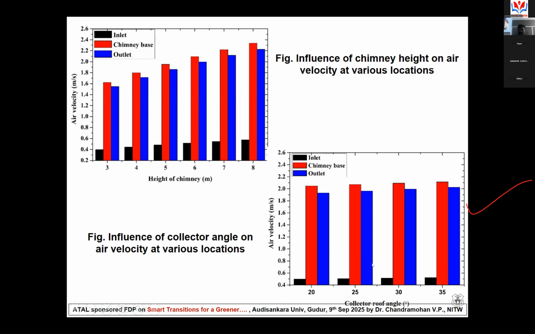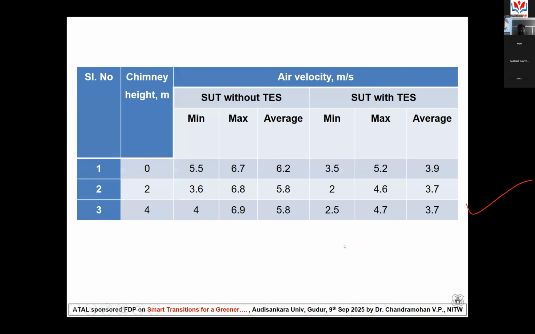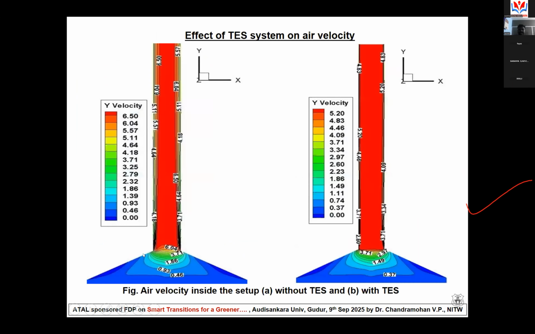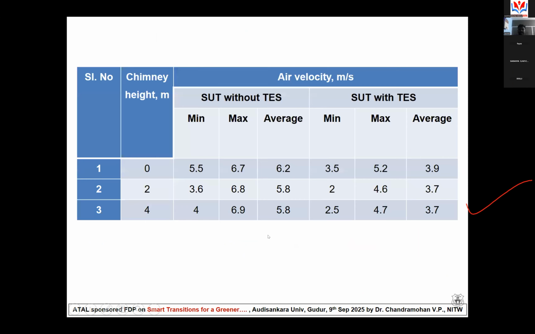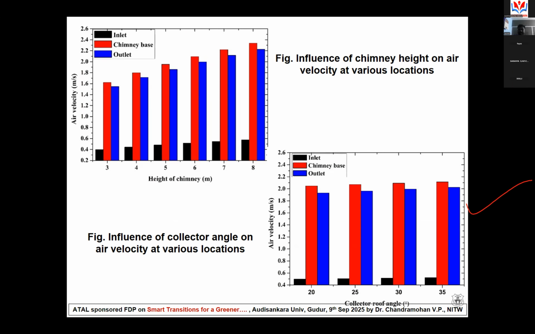And then the collector roof angle. Here, in the collector, there is an angle. This angle we adjusted for different simulations. We ran 10, 20 degree, and then 25 degree, 30 degree, 35 degree, like that we did different cases. There are not many variations in the maximum air velocity.